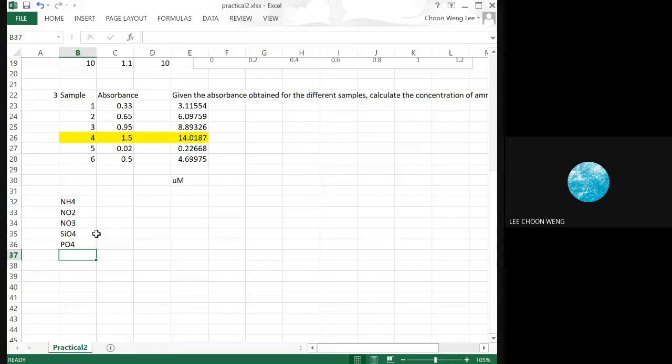Okay. So we'll just go through some of the precautions and some of the things that you should take note of when doing this kind of measurements.